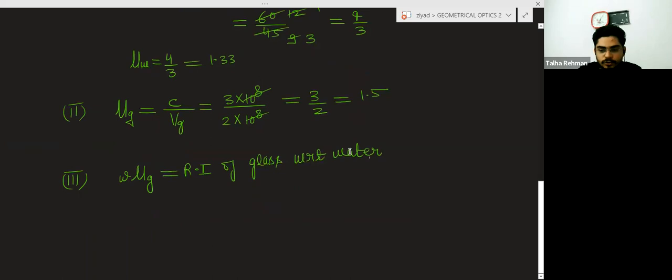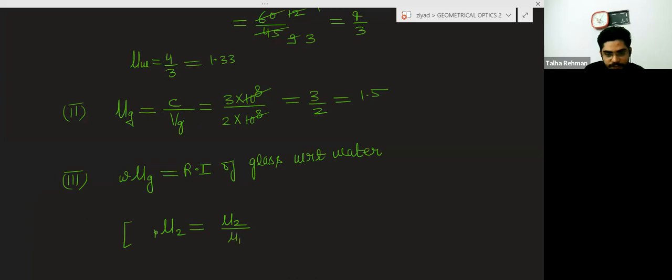I have told you that if it is written that here is 2, here is 1, it is refractive index of medium 2 with respect to medium 1. So you can write refractive index of medium 2 divided by the refractive index of medium 1. Keep in mind this thing.